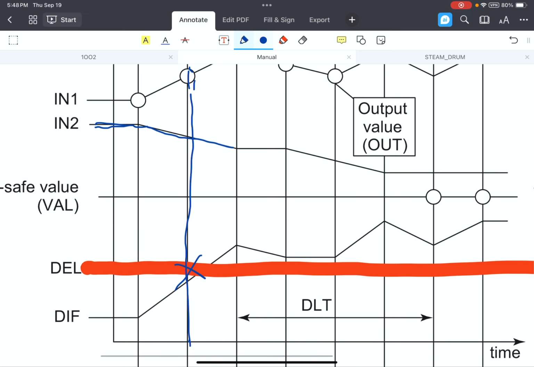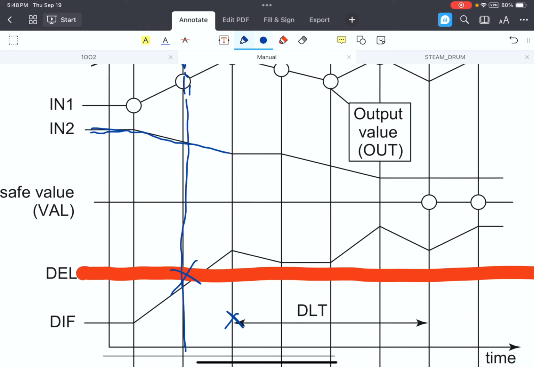So in here we detect the deviation, and we wait for the delay time during this period.